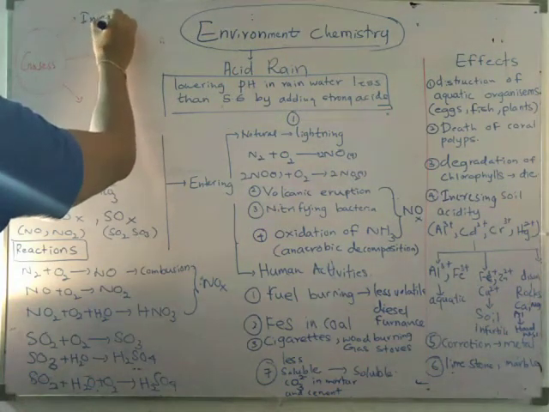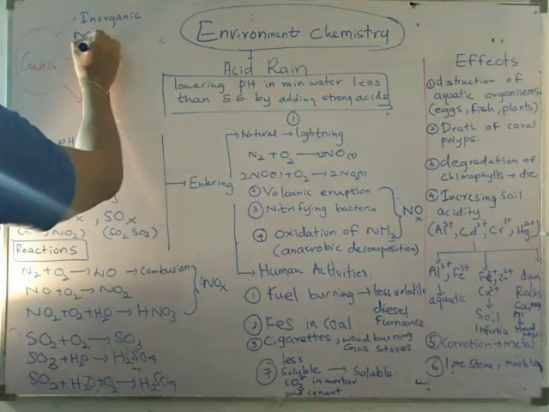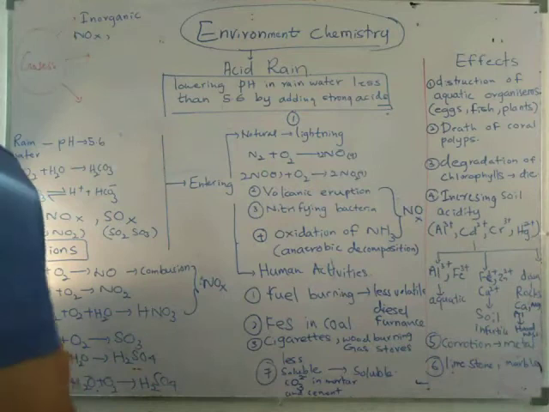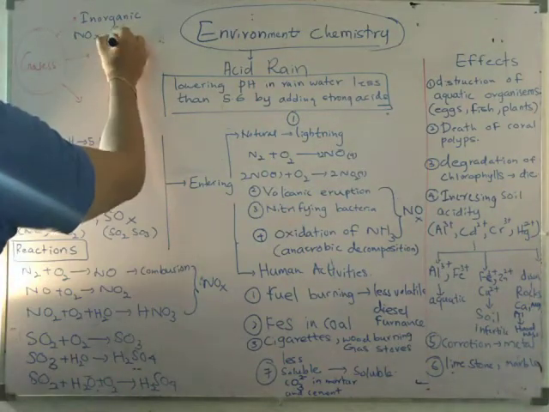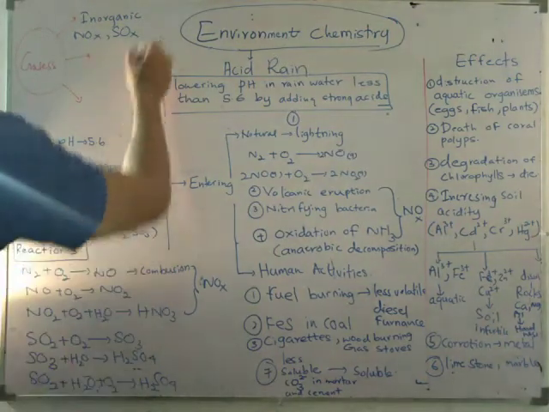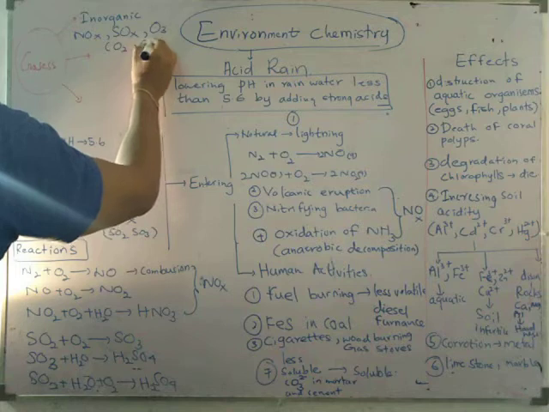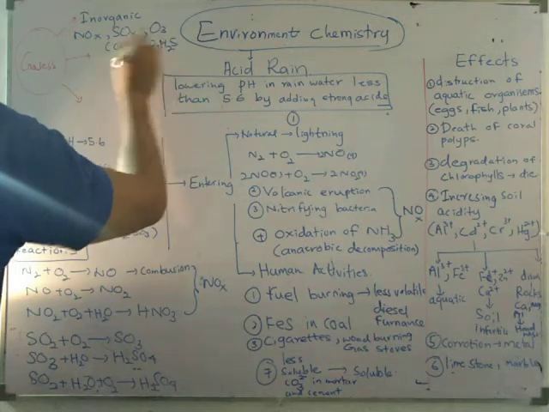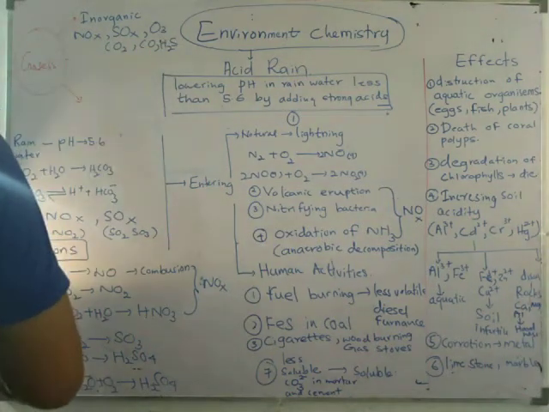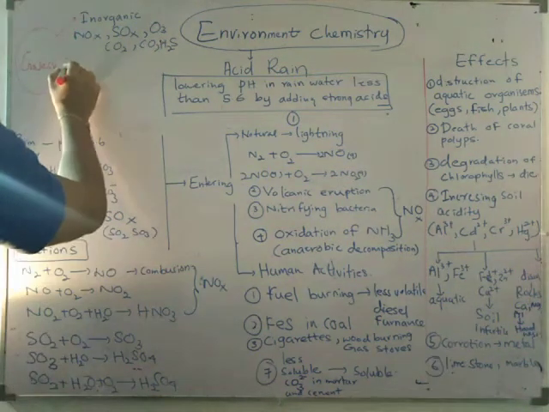Inorganic gases. Example, NOx, which means NO and NO2. SOx, SO2 and SO3. Ozone, carbon dioxide, carbon monoxide, H2S. So these gases are inorganic gases. They are causing air pollution.